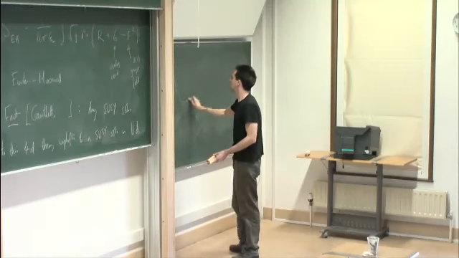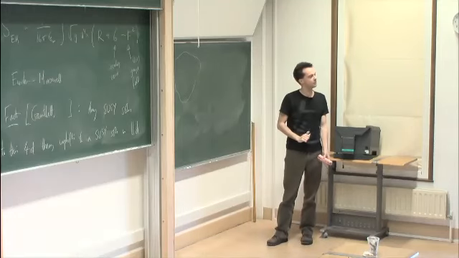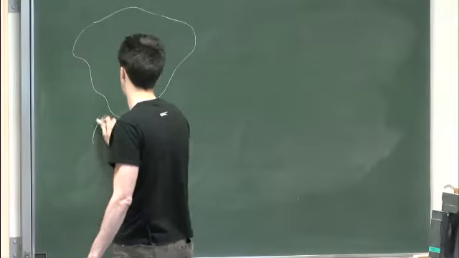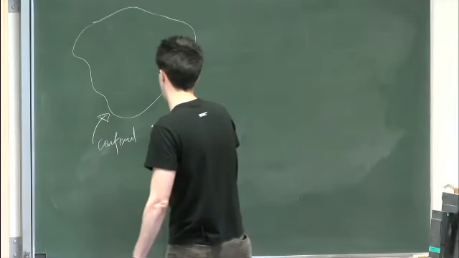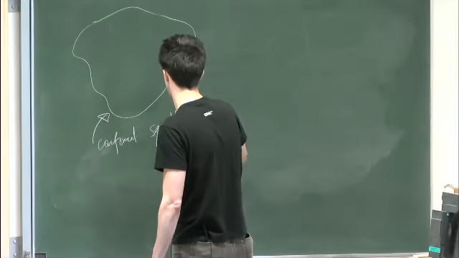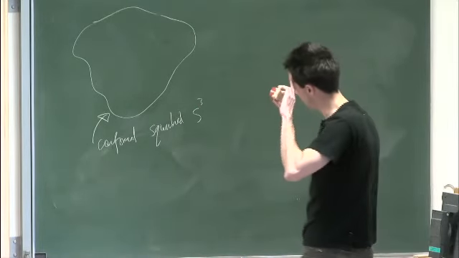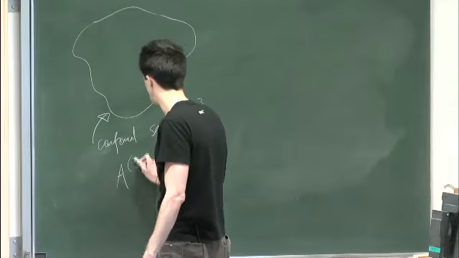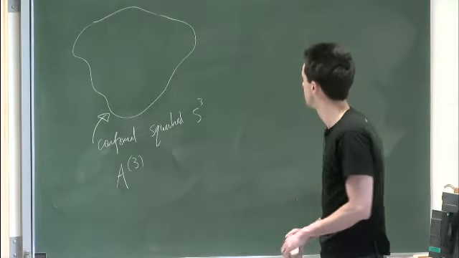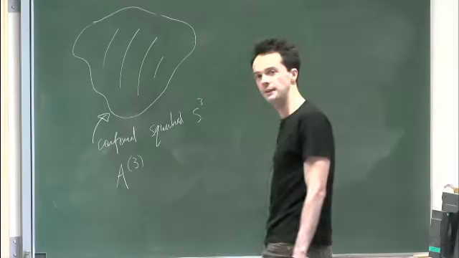Okay, so this is the problem I have. The boundary of that is some squashed sphere. It's a conformal boundary, really. Conformal, squashed S3. And I also have some fixed gauge field on there, which I call A3. And I want to find some 4-dimensional filling of that.